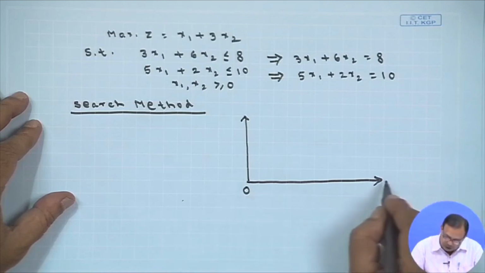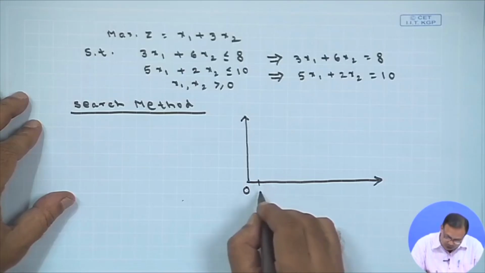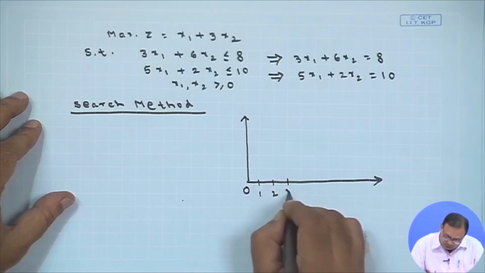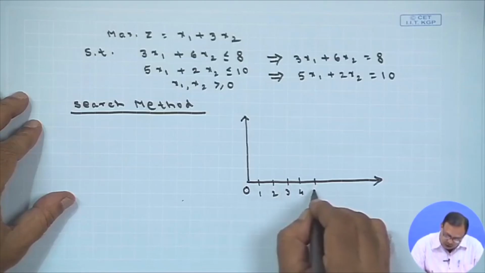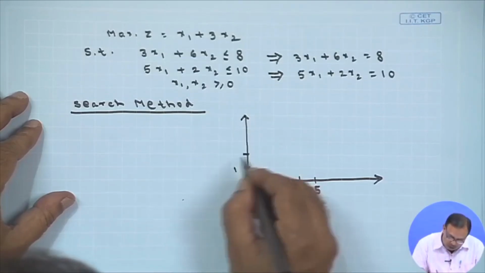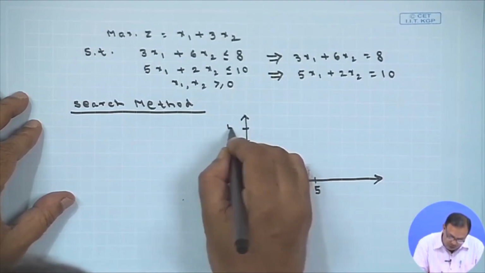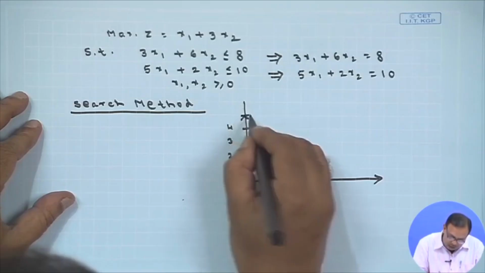This goes to 0 and 1. Suppose we are assuming this is 1, 2, 3, 4 and 5. Similarly, on this side also 1, 2, 3, 4 and this is 5, say.